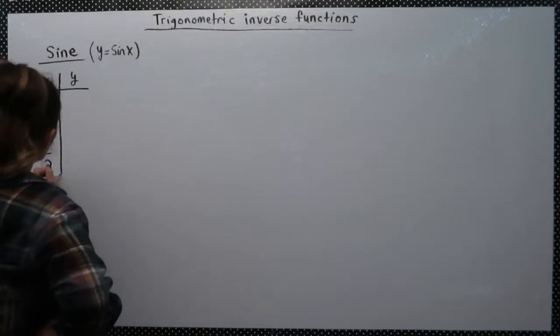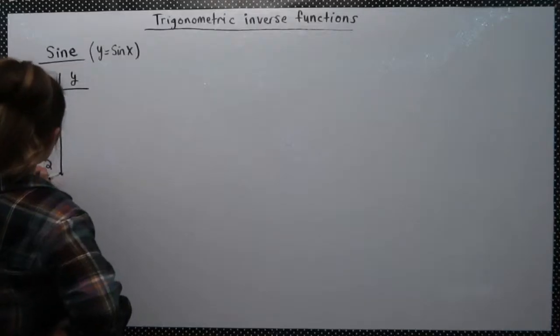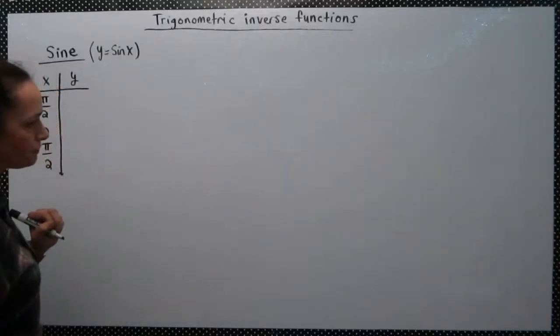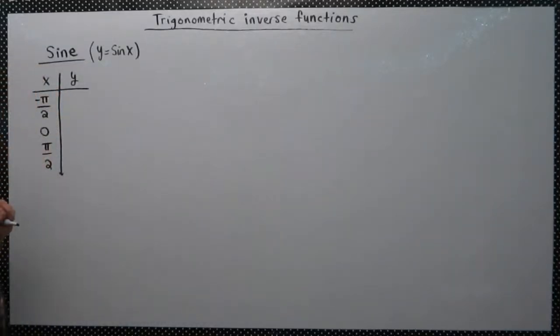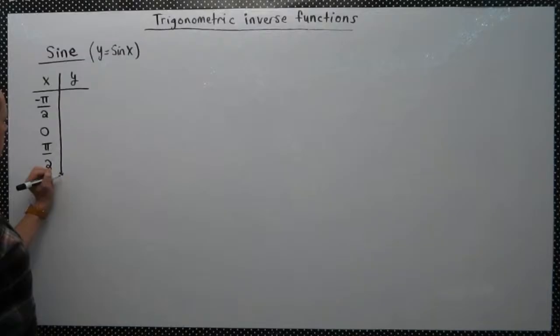Recall we had to restrict the domain because although there are no repeating x values, in the domain there are repeating y values. So then we sketch the graph.